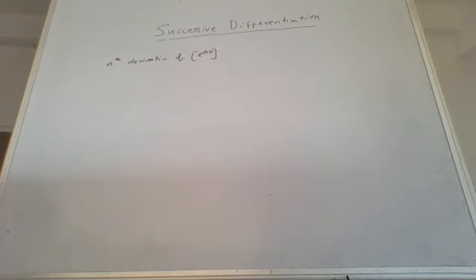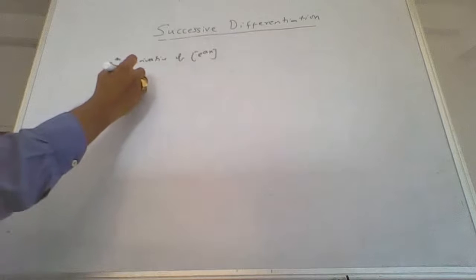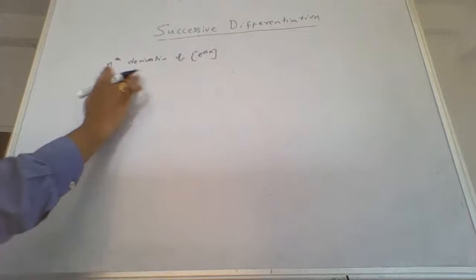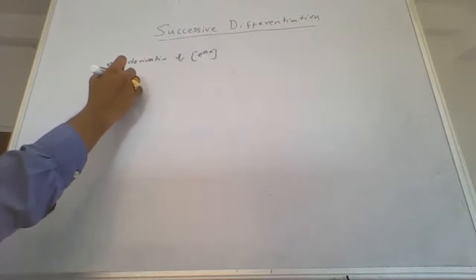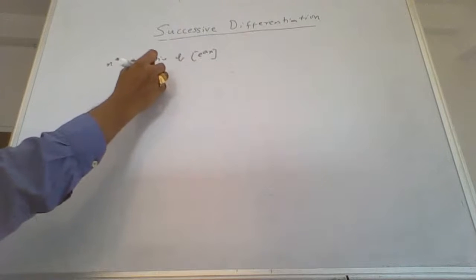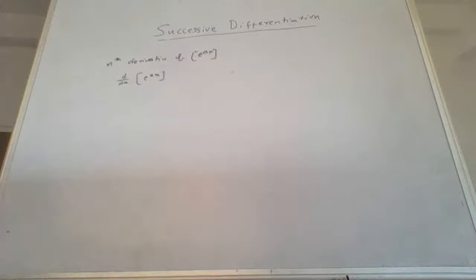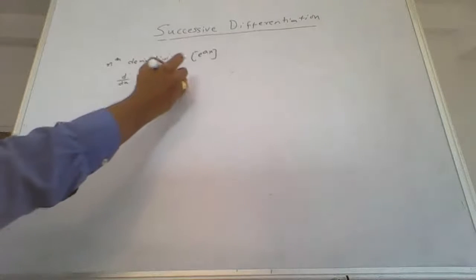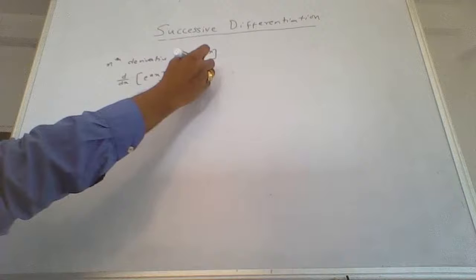Now the function is e to the power of ax. When you differentiate for the first time, d by dx of e to the power of ax, that would be a into e to the power of ax.